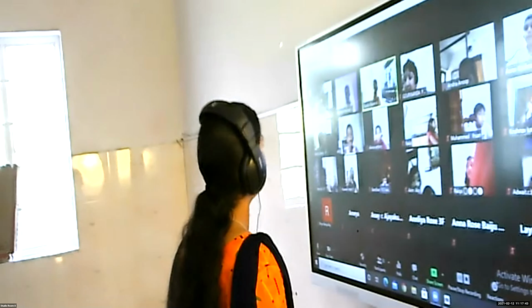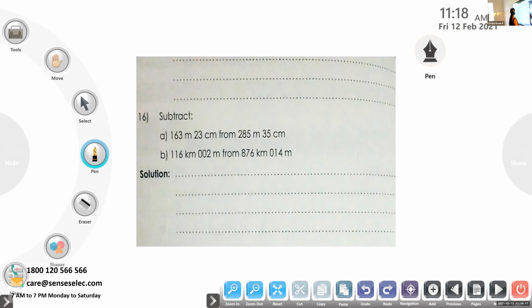So here, subtract 163 meter 23 centimeter from 285 meter 35 centimeter. In this, which measurement do we have to write first? Which is the biggest one? First one or second one? Second one.